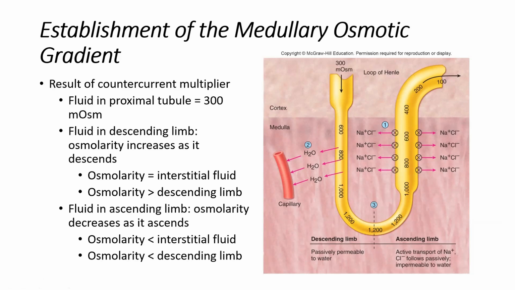And so that is the result of our countercurrent multiplier. Having fluid only move on one side and solutes only moving on the other side is giving us this high solute concentration of our filtrate down at the dip in our loop of Henle, but then a much lower osmolarity when we get back to the end of the ascending limb of the loop. Okay.